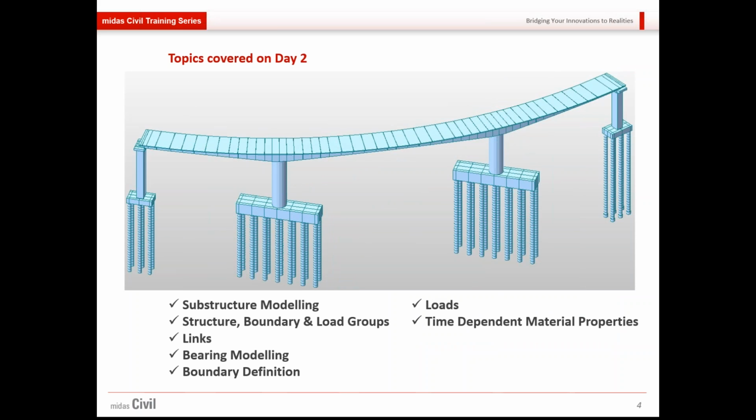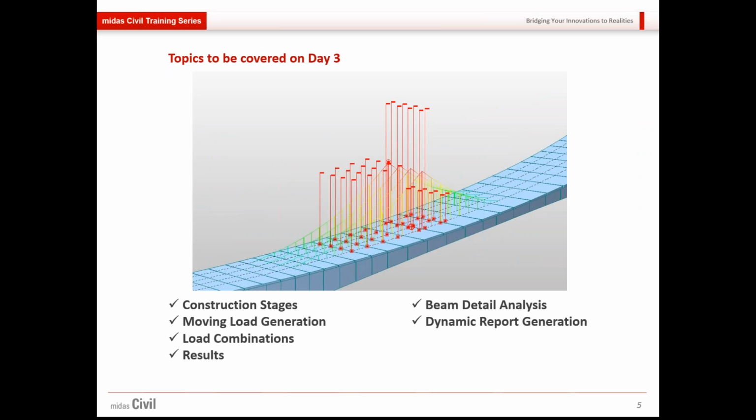We gave the bearings, we made several links, we gave all the loads that were to be given on the structure, and we defined the time-dependent material property that would be used for the construction stages. And today what we'll be covering is the construction stages, moving load generation, the load combinations, the results, and beam detail analysis along with the dynamic report.